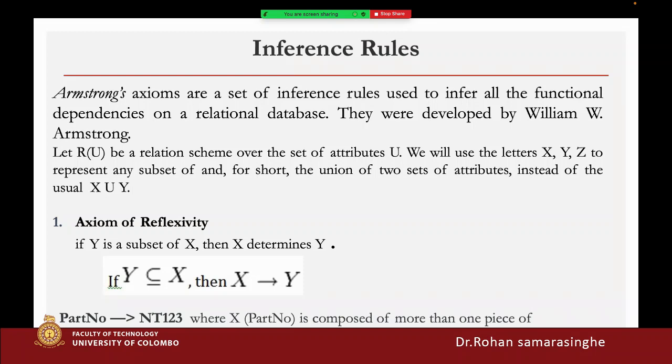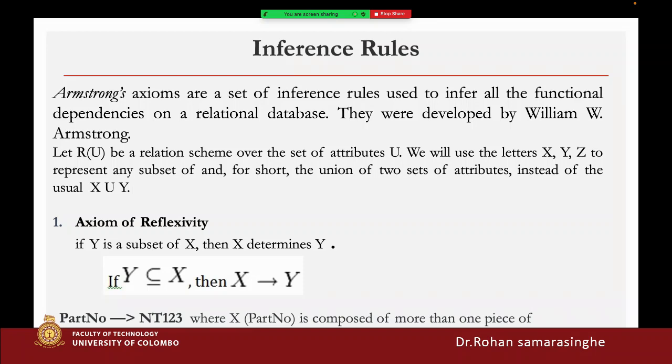Functional dependencies also have two types, trivial and non-trivial. With trivial functional dependencies we can access the attribute which is in the key, and with non-trivial we can access the attributes which are not in the key.